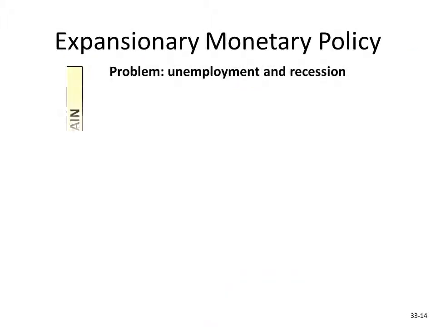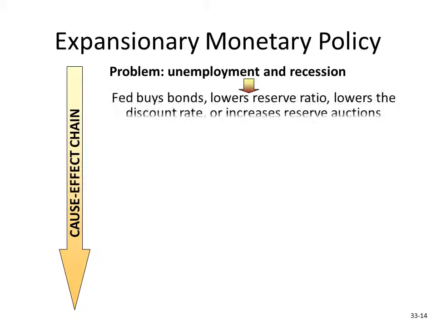So here's the way expansionary policy works, the cause and effect chain. Just like we said on the previous slide, if the economy is in a recession, unemployment is the problem. So how can the Fed use the tools of monetary policy to kickstart economic activity? If the economy is in a recession, the proper monetary policy would be referred to as expansionary monetary policy.